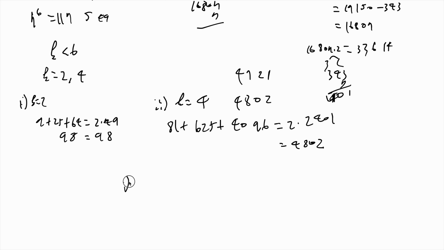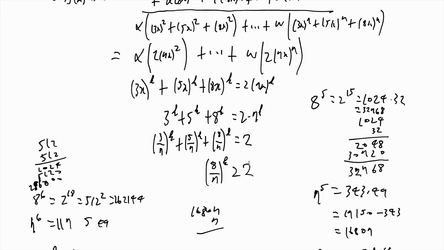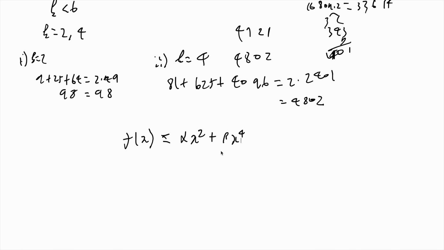And as I mentioned, we can write f of x is equal to alpha times x to the power of 2 plus beta times x to the power of 4, because alpha can be 0, beta could be 0, and it could be any other number. It will still satisfy because we took a look at individual terms, and because it works individually, it should work on the other terms too.